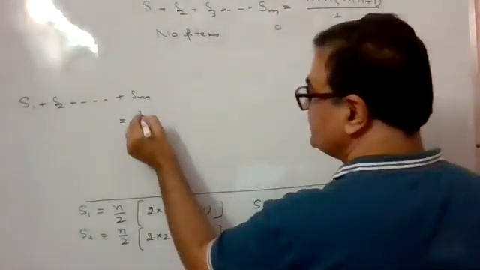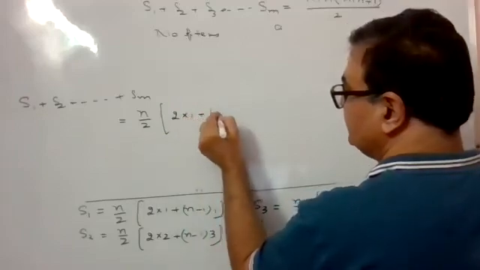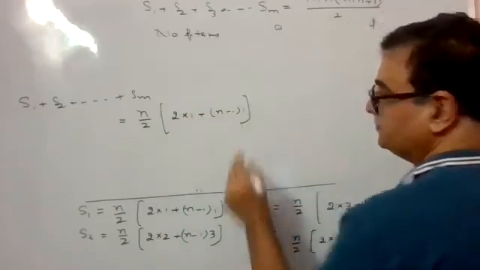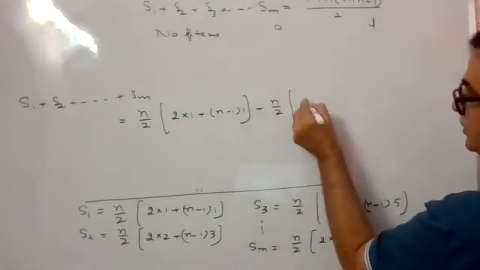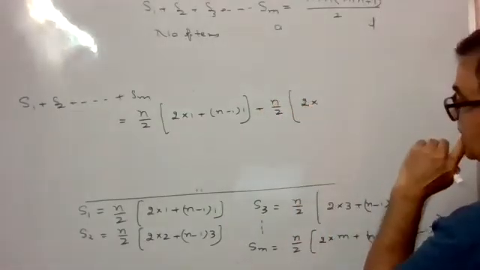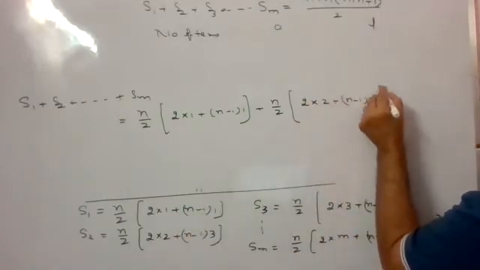What will this come to? First will be n by 2, 2 into 1 plus (n minus 1) into 1. Second one will be n by 2, 2 into 2 plus (n minus 1) into 3.